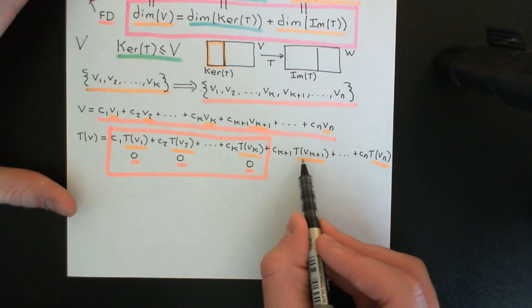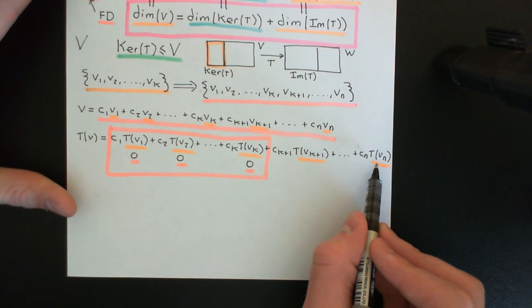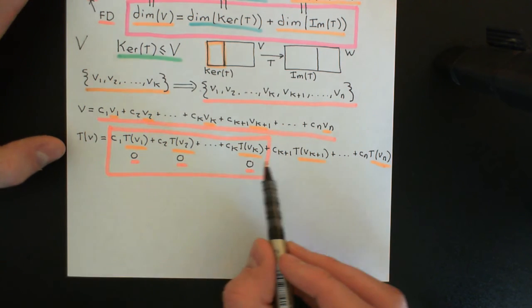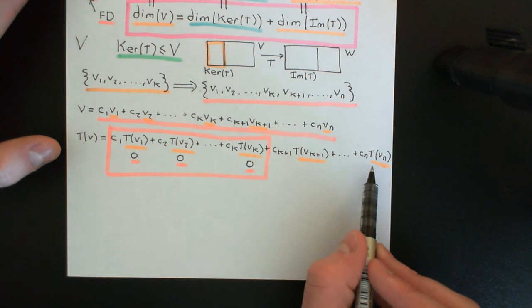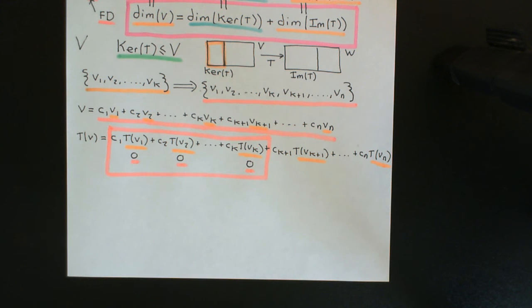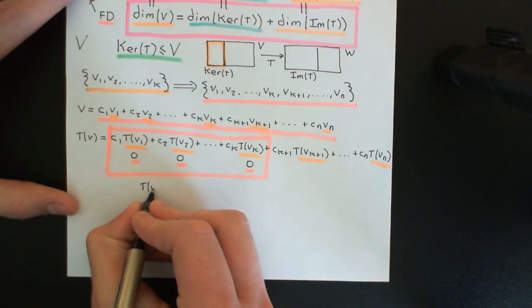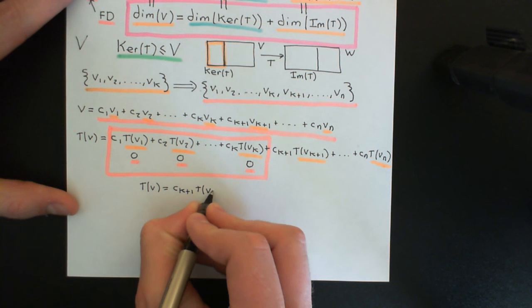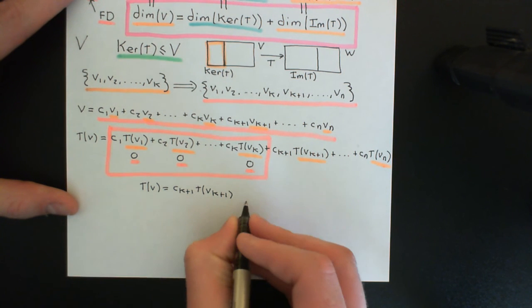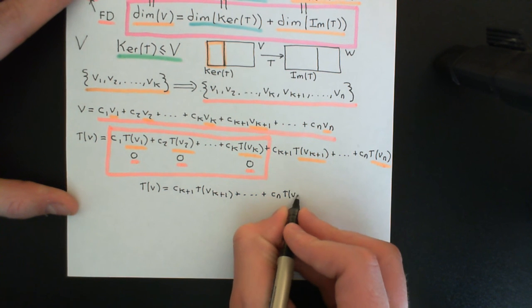All I need to know is where do the basis vectors that are outside of the kernel of the linear transformation actually go? Okay, and then my vector will just be mapped onto what's left of the linear combination involving those basis vectors, where those basis vectors have been sent. Okay, so that shows us that T of v is something of this form: c_{k+1} T(v_{k+1}), plus all the way up to c_n times T(v_n).